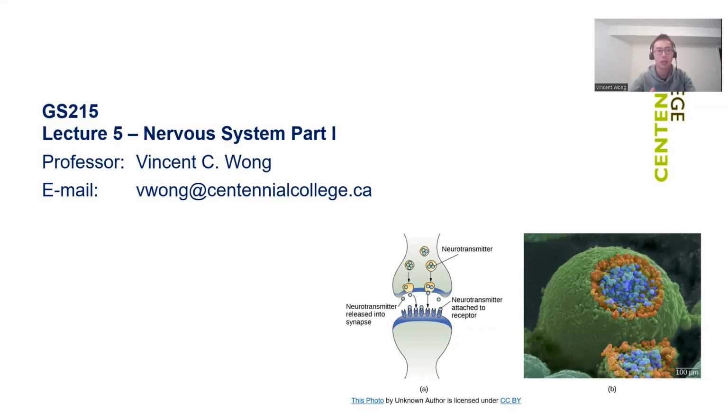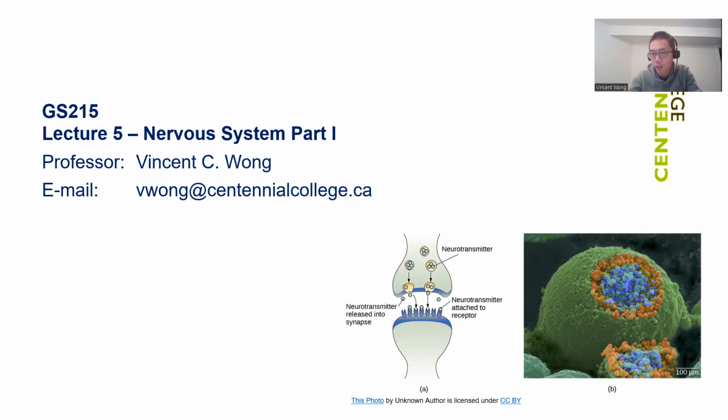We're going to learn about the different parts of a neuron, how neurons communicate with each other, as well as how signals are regulated when you go from one neuron to another. That is the focus of nervous system part 1.